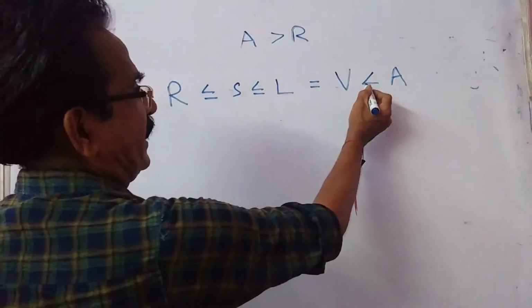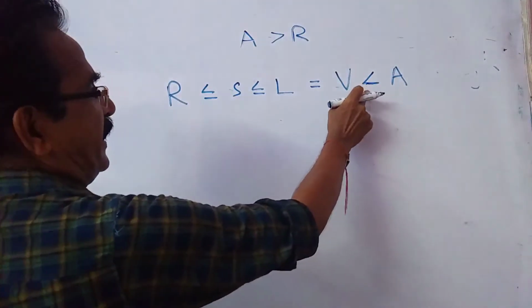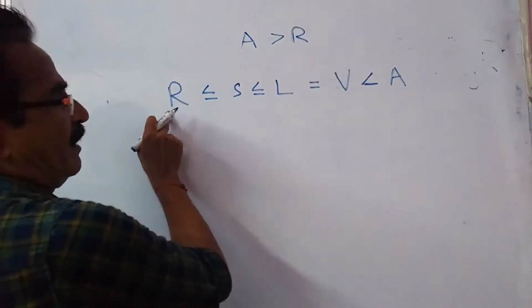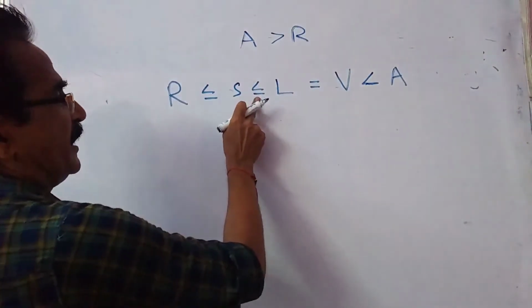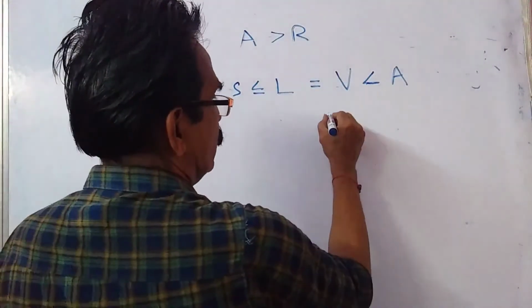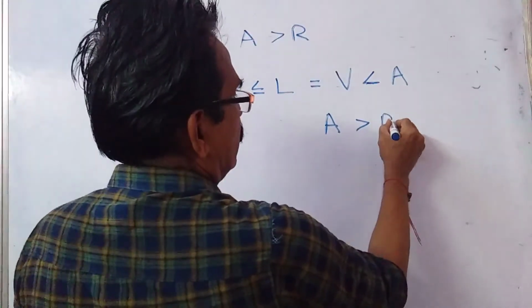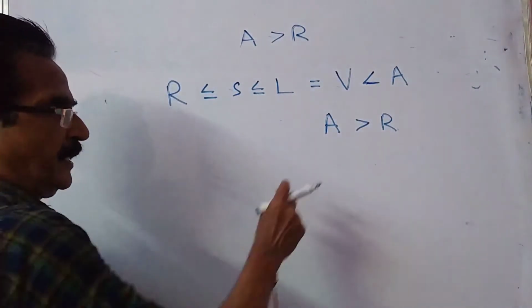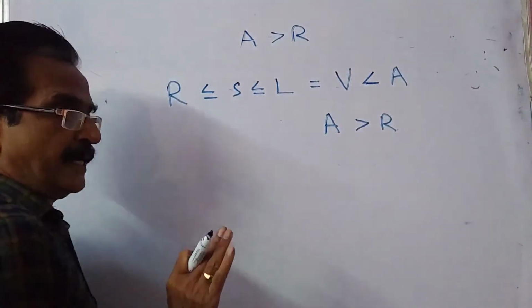Clearly, categorically, we can say A greater than or equal to R. So in option 3, A greater than R is true.